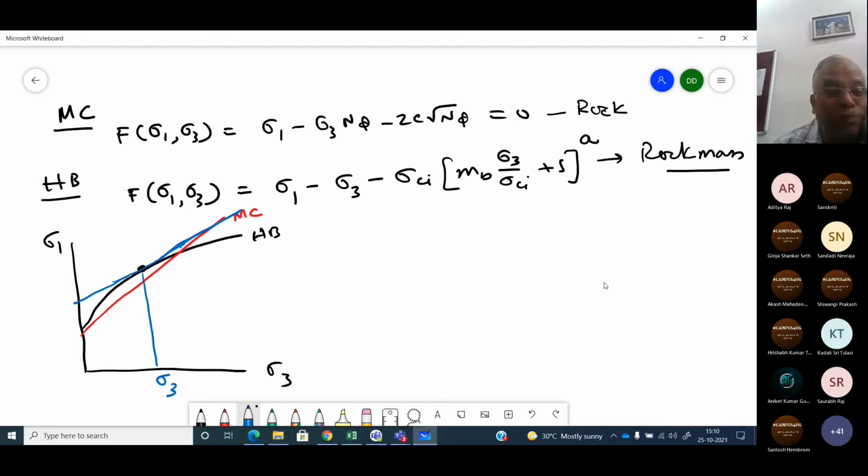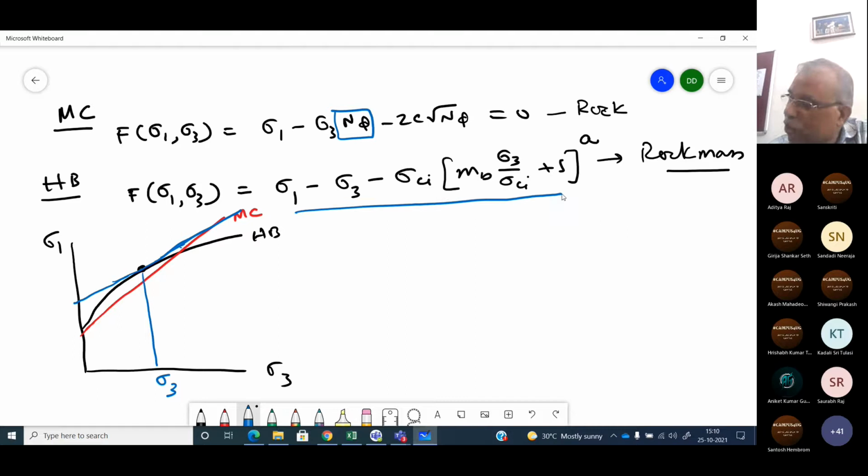So the slope at this point equals the slope of this MC criteria. The slope of MC criteria we already know, which is n phi. So we have to find out the slope of this.